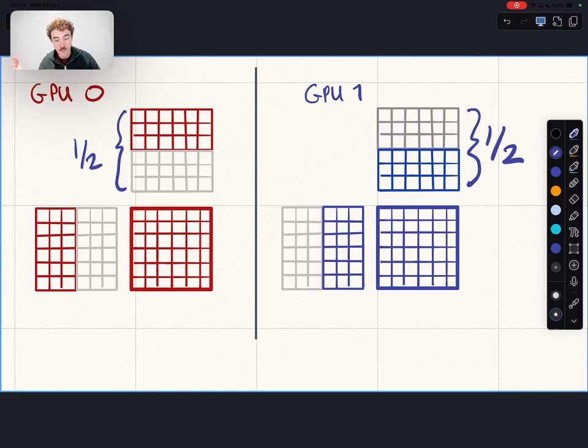And since pretty much all the weights are matrix multiplications in a language model, if you did this form of parallelism across two GPUs, you should be able to store a model that's twice as big as you could on a single GPU. And you get more benefits from this than just being able to store the model.